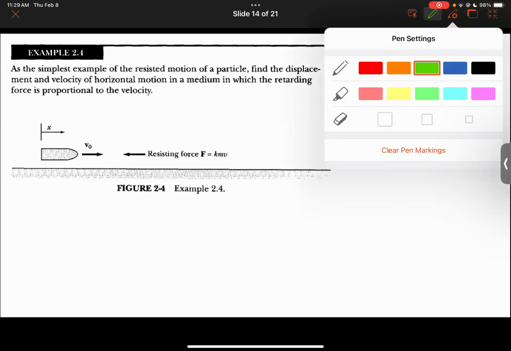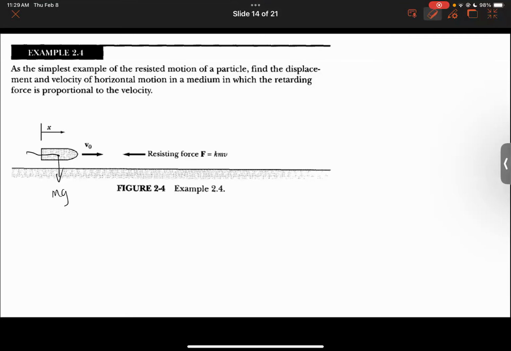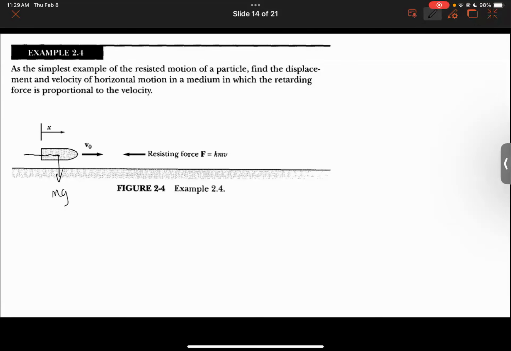Una natin gagawin dito is to identify the forces that are acting on the object. Okay, so ano-ano yung forces na yun? So we have this weight, mg. Okay, and we have this retarding force. Let's just say it's F_R.